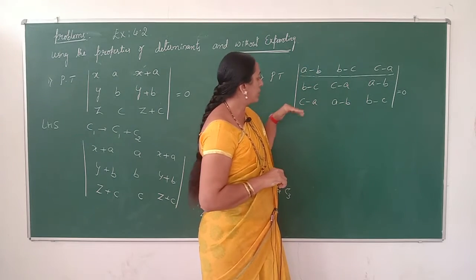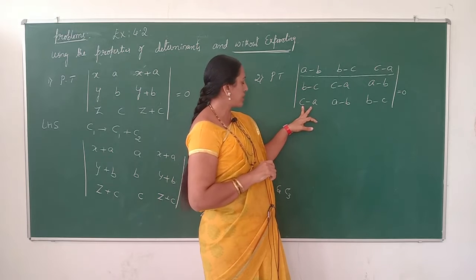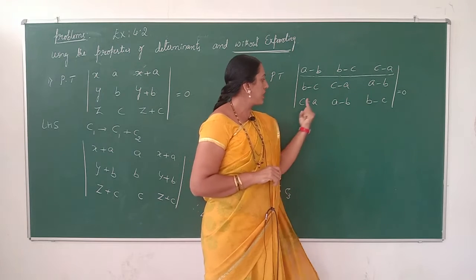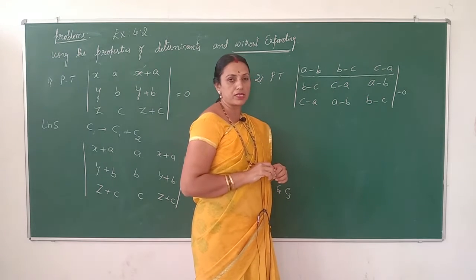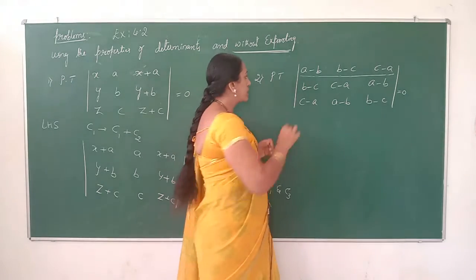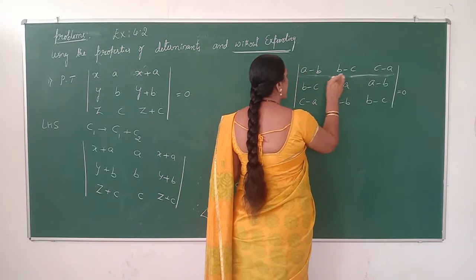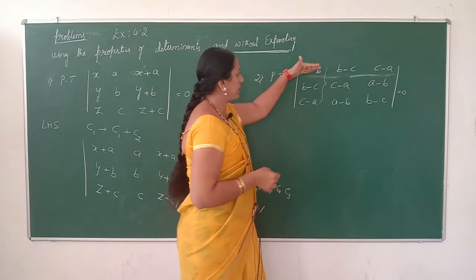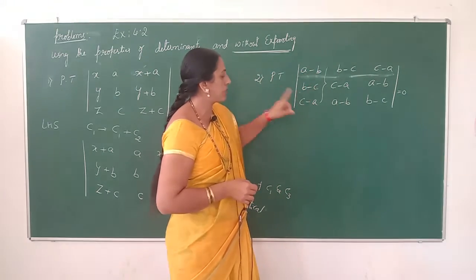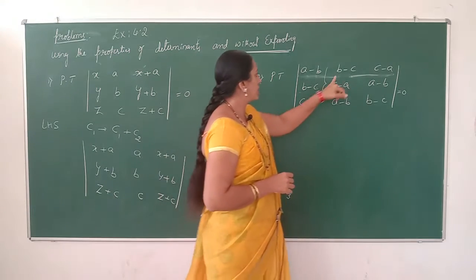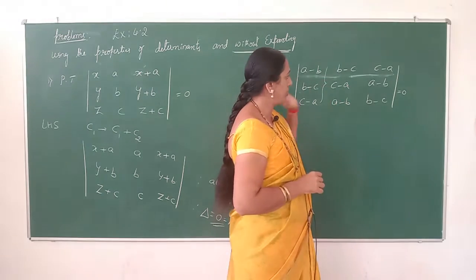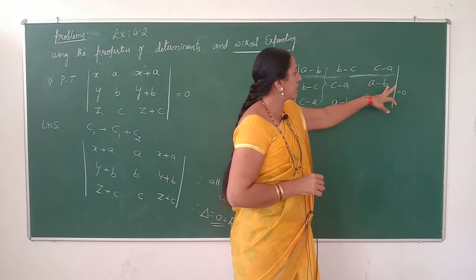Similarly for the third row: c minus a plus a minus b plus b minus c, again cancelled. So if it is possible to add the corresponding elements row wise, similarly for the columns we check again in their column formation. If these elements are also added with each other, a minus b plus b minus c plus c minus a, these are also nothing but 0. Similarly b minus c plus c minus a plus a minus b, these are also 0: c minus c, a minus a, b minus b.